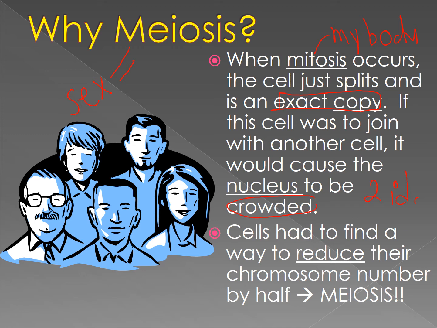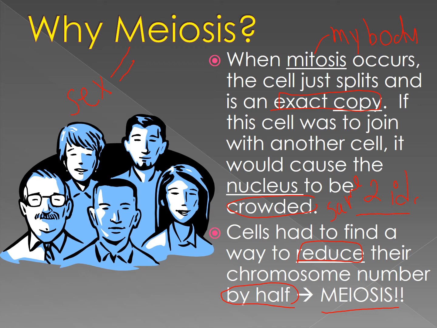So in order to accommodate that, cells have to find a way to reduce the number of chromosomes by half. So half comes into meiosis. Mitosis, my body, gives you 2 identical and it stays the same. So nothing's cut.